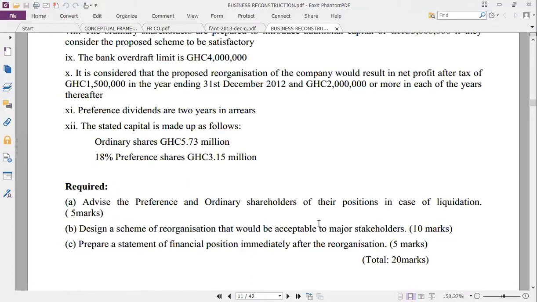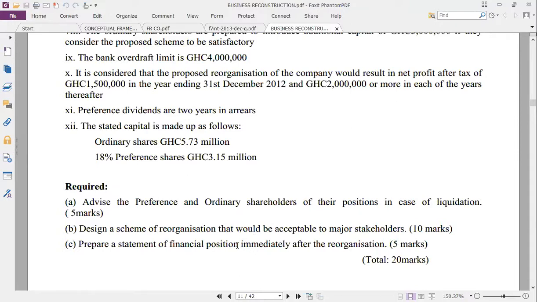Once the examiner says design the scheme, whether the reconstruction is cheaper or not, you have to design the scheme. C: prepare a statement of financial position immediately after the reorganization. We will not end at liquidation and say that liquidation is cheaper.